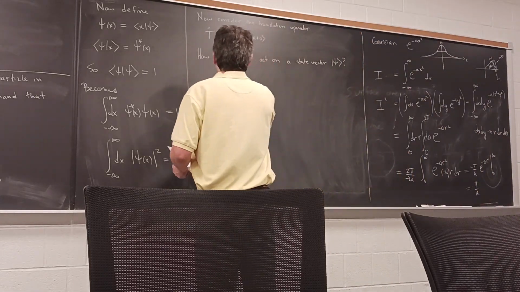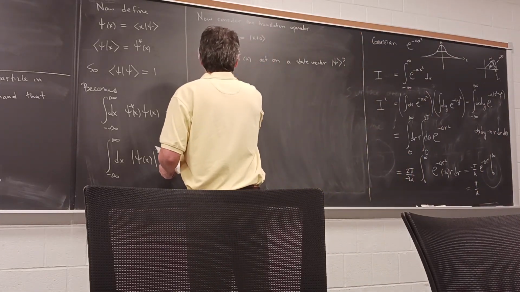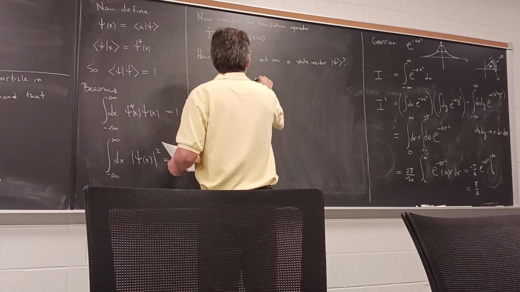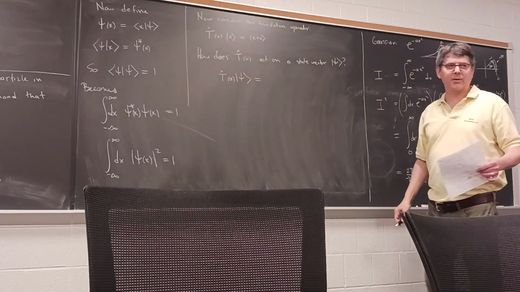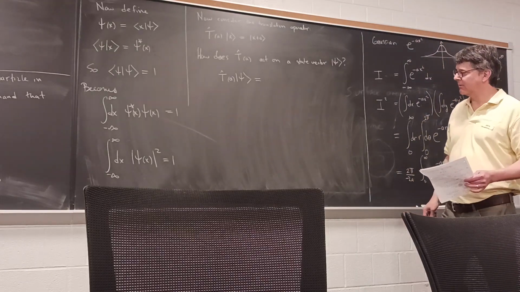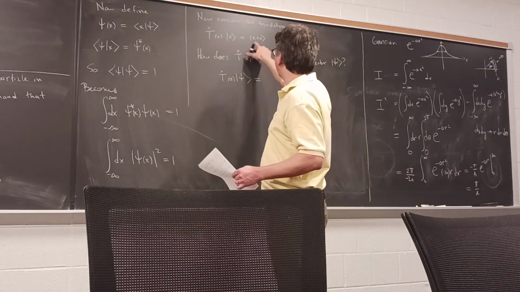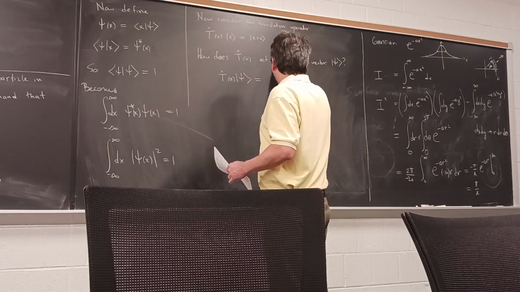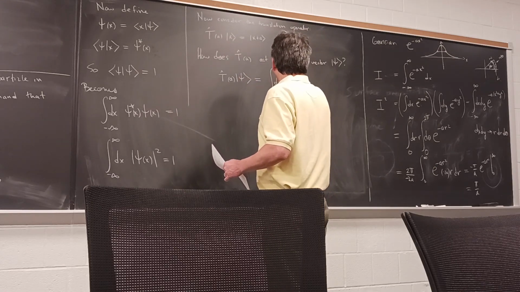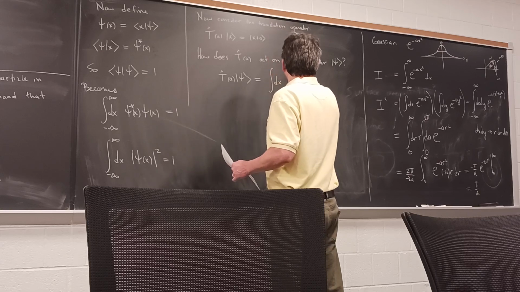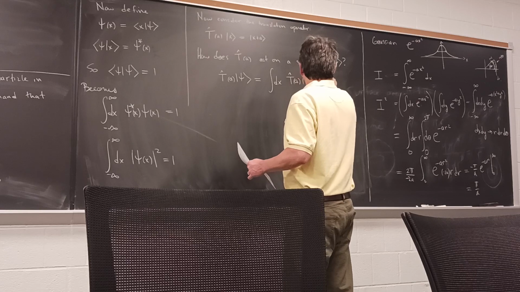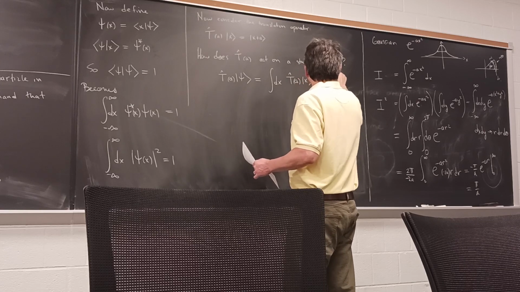So we can just write T of a on psi. And before I do anything else, I'm just going to use my completeness relation because I know how T of a acts on the state vectors x. So we can go ahead and put that in as the integral over dx of T hat of a acting on x, x psi.